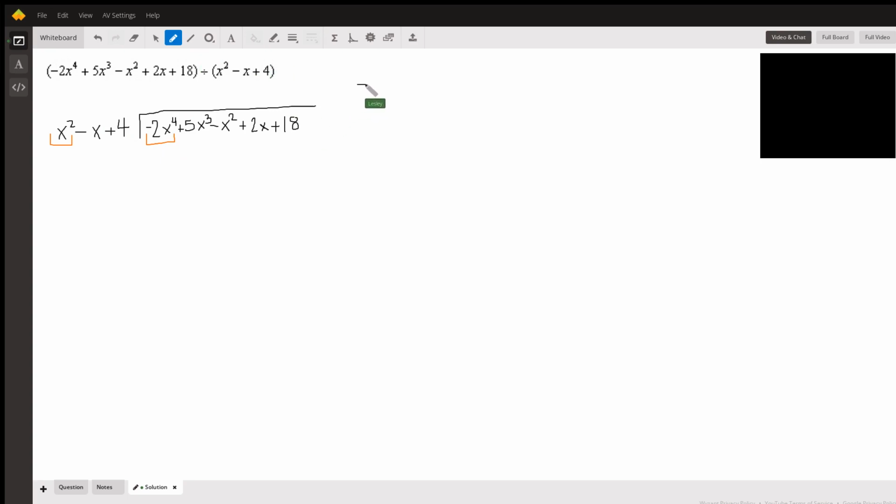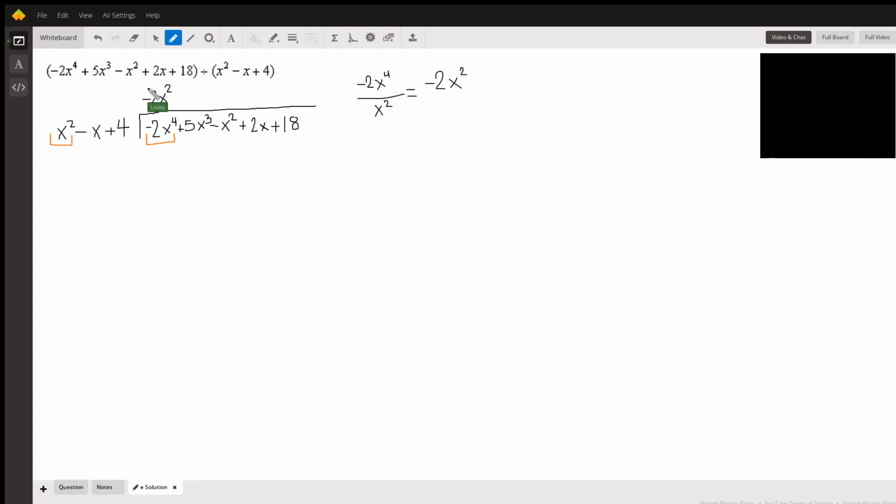So for this one, we're going to do negative 2x to the fourth power divided by x squared, which is based on the quotient rule. I'm going to be subtracting 4 minus 2, which is 2. So this will be negative 2x squared.